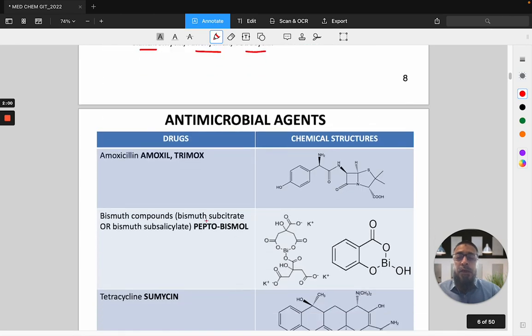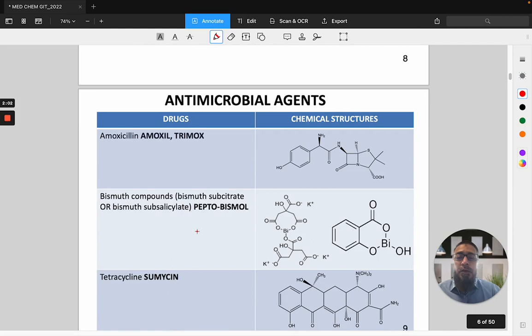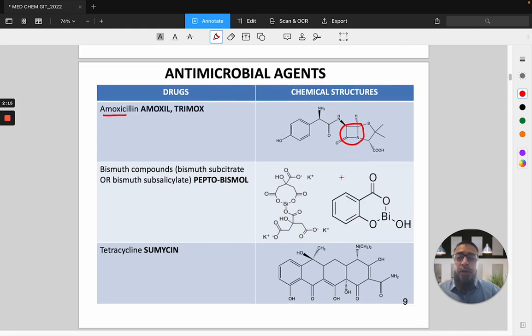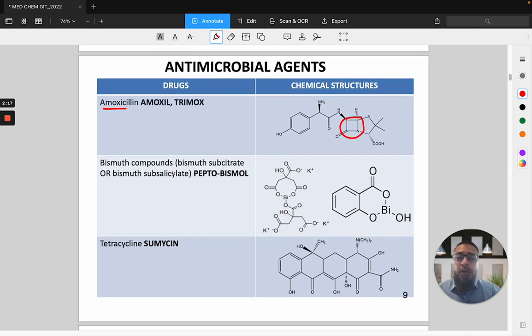So what are the structures of these antimicrobial agents? For example, amoxicillin contains the beta-lactam ring. So this is the beta-lactam, right? The second example of antimicrobial agents are the bismuth compounds, for example bismuth subcitrate or bismuth subsalicylate.